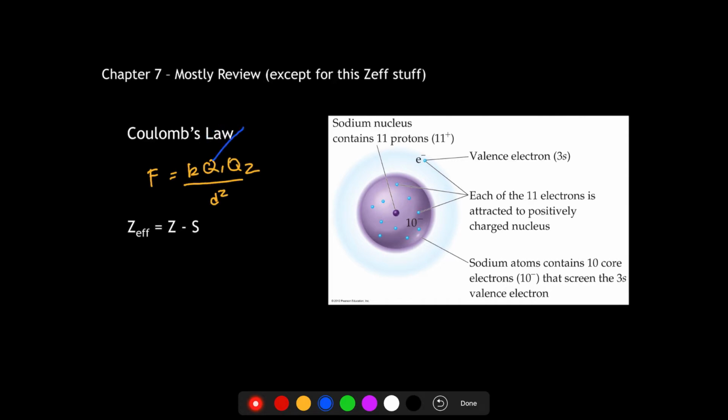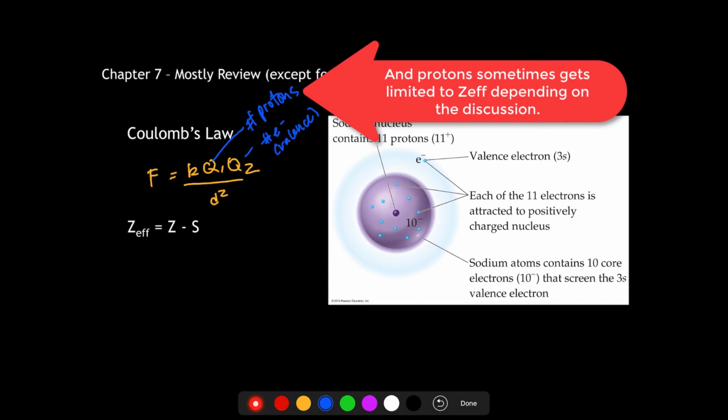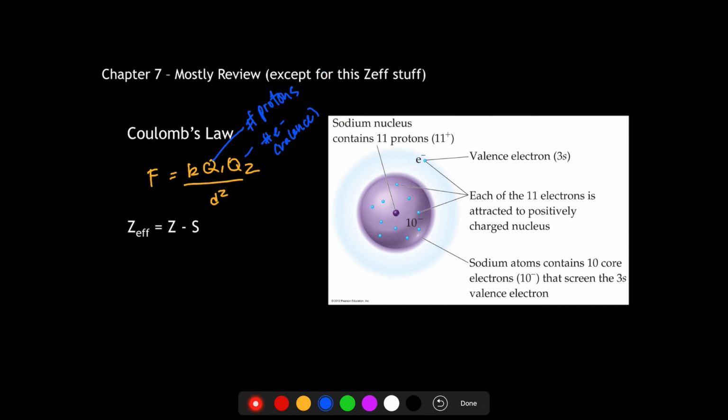Our atomic properties, Q1, we can always think of Q1 as being your number of protons. And we can always think of Q2 as being our number of electrons. More often, we're going to narrow this down to our valence electrons because most of what we're talking about when we talk about atomic radius, ionization energy, electron affinity, we're typically talking about what happens at the valence.